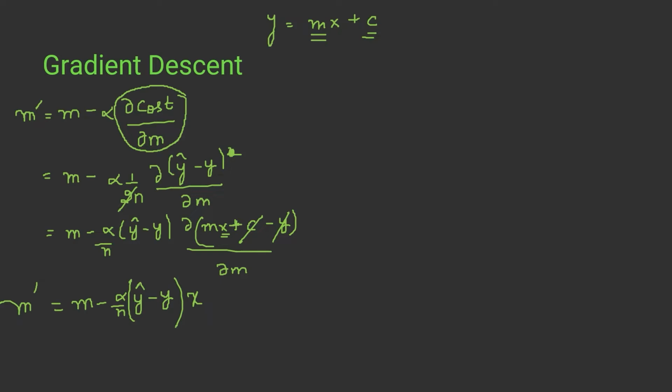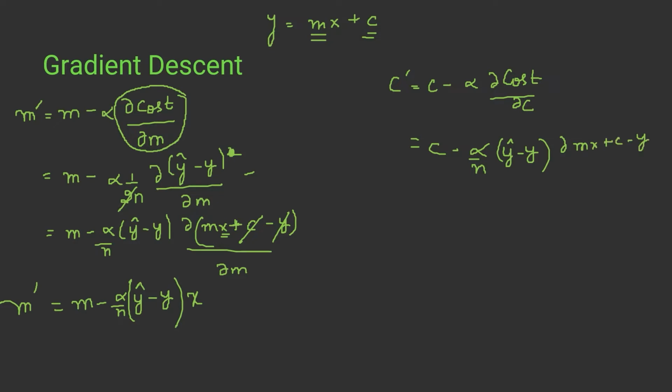Okay, and similarly for c, new c equals c minus alpha del cost by del c, which is equal to, okay, this step will remain same, and now directly I'm writing alpha by n, y predicted minus y del mx plus c minus y with respect to del c.